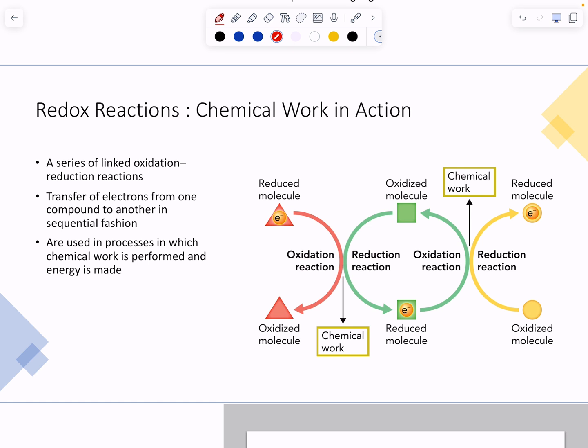So we get a transfer of electrons from one molecule to another in a sequential fashion, in order of reduction potentials. They're used anytime some chemical work is done, and energy is needed or made.